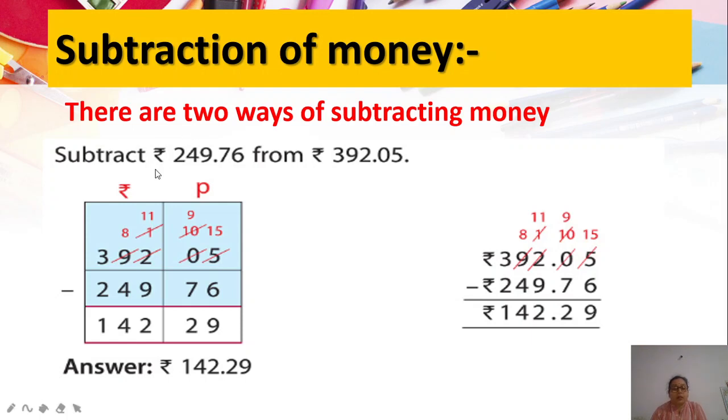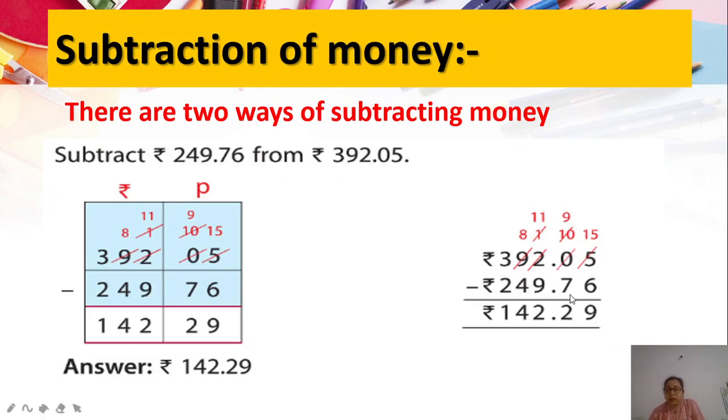Now here our question says subtract rupees 249 and 76 paise from rupees 392 and 5 paise. So we have arranged using the dot. I will explain here using the dot. You think that there is no dot, ignore the dot and do the subtraction normally. After that, you can put the dot or decimal point after two places.